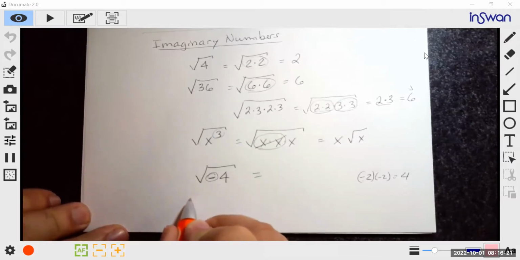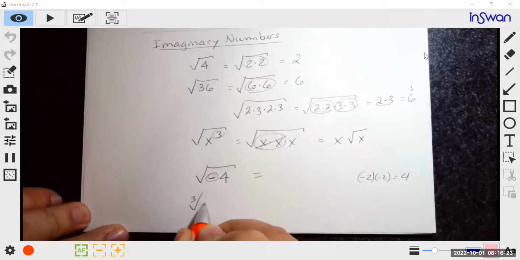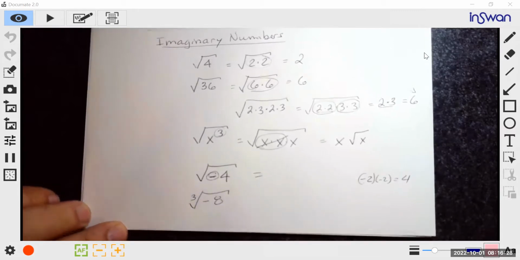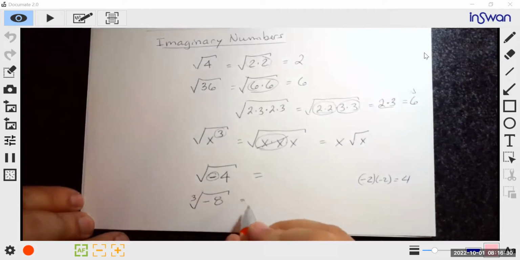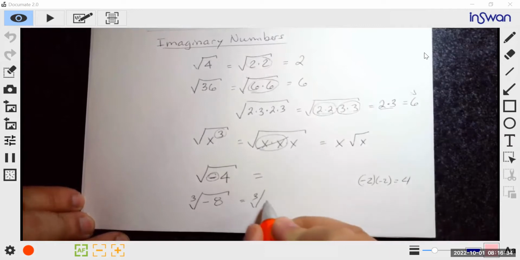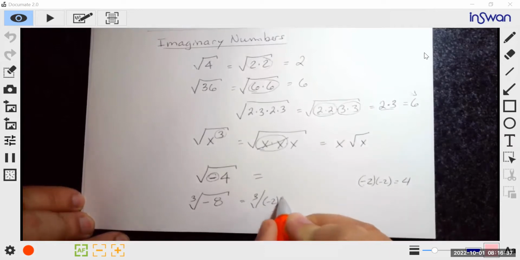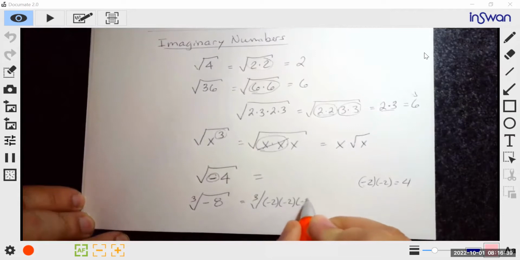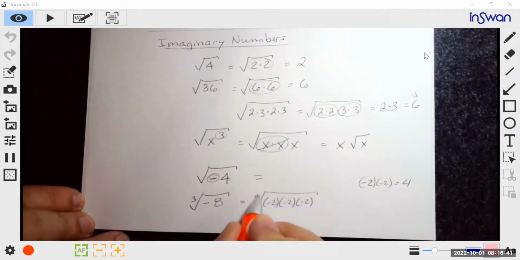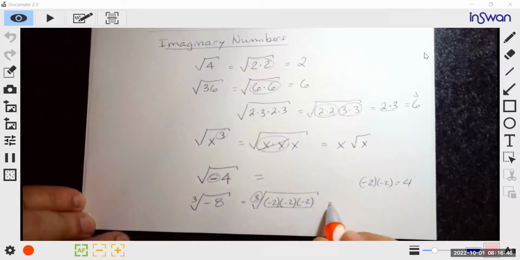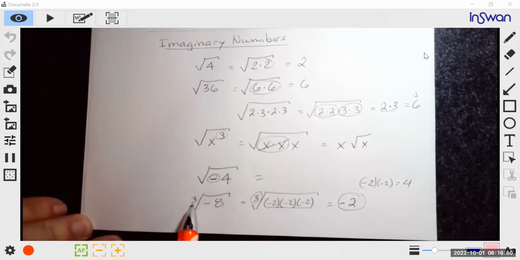It works in cube roots. The cube root of -8: 8 is made up of 2 times 2 times 2. So we have -2 times -2 times -2. We need 3 of a kind. That's what the root tells us. Once we have 3 of a kind, we can take it out. And there's our final answer. So the cube root of -8 is -2.